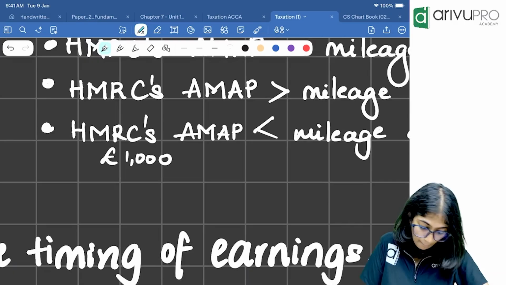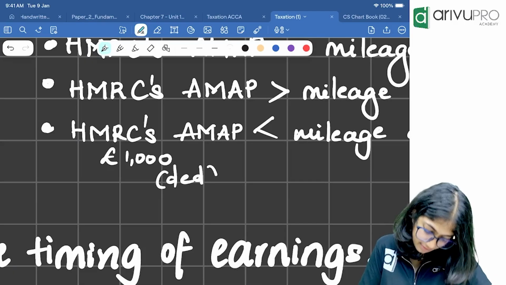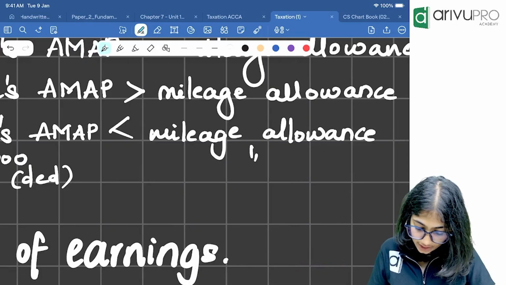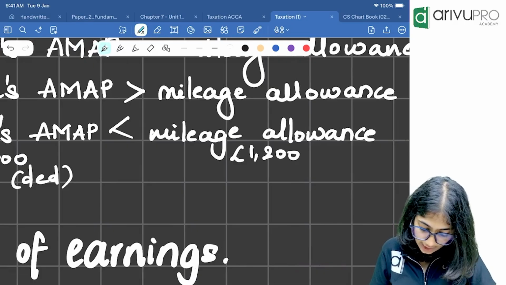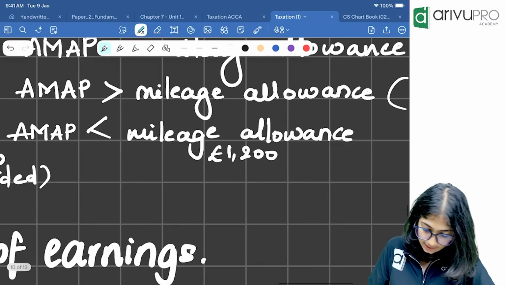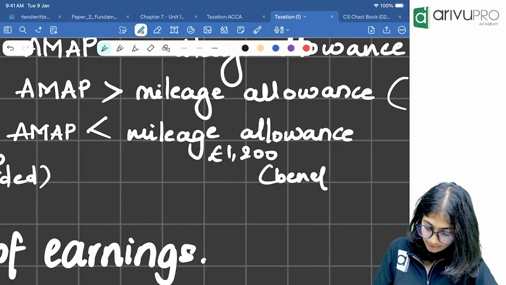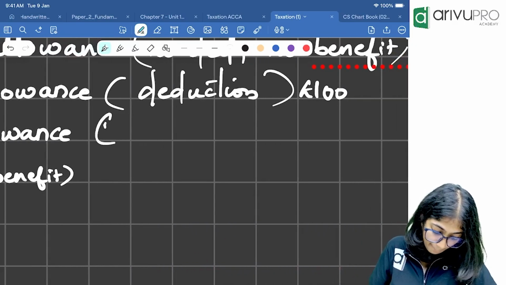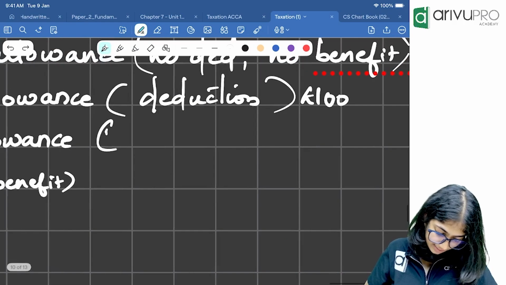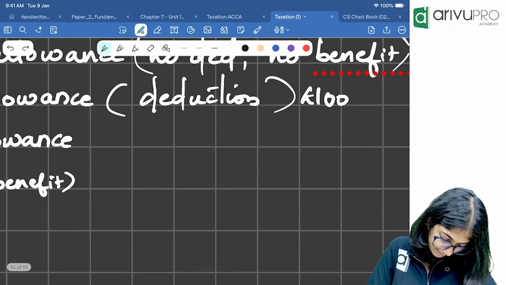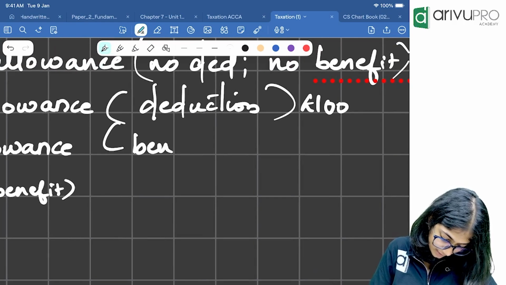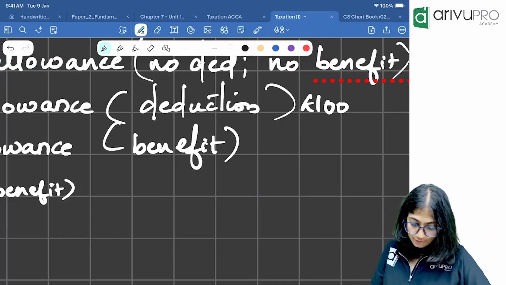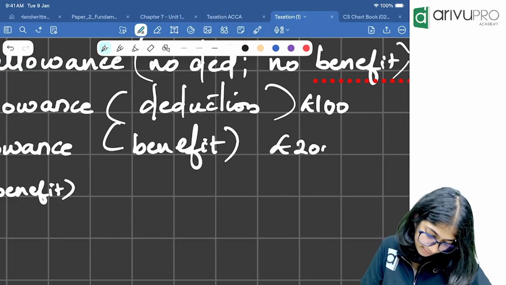This is the amount of deduction you're supposed to have. Let's say the employer provided £1,200 as mileage allowance. This is a taxable benefit. Then what's going to happen? You're going to have a net benefit. That's it. You're going to have a benefit of £200 in this example.